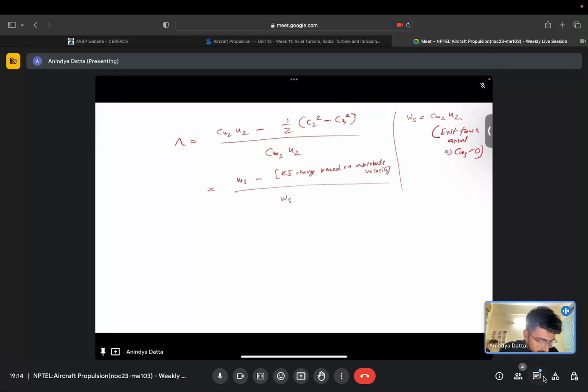Okay, then another expression you can show is that this is basically equal to half U2 square minus U3 square.